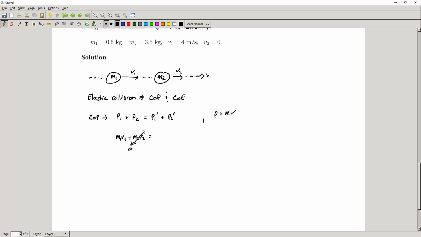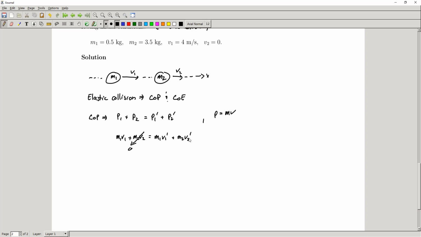And this is going to be equal to m1 v1 prime. And v1 prime, again, let's remind ourselves, is what the velocity of mass 1 is going to be after the collision, right? Plus m2 v2 prime, and again, v2 prime will be the velocity of object 2 after the collision, right?